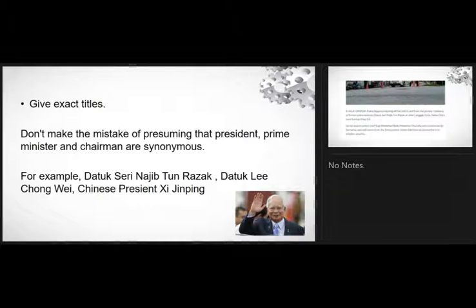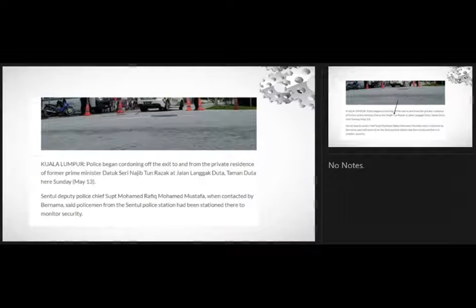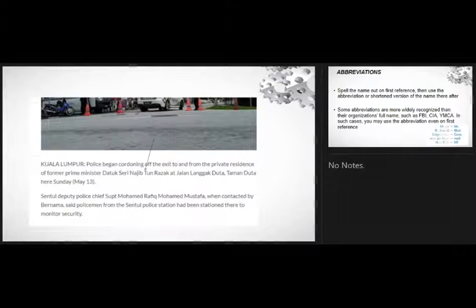Like, we have kings here, so you have to get the full name. Another example is Chinese President Xi Jinping. You cannot just simply say, oh, Xi Jinping, like he's your friend or someone. For example, I took an example from The Star. We can see here, they put Datuk Sri Najib Tun Razak, though it's very long.